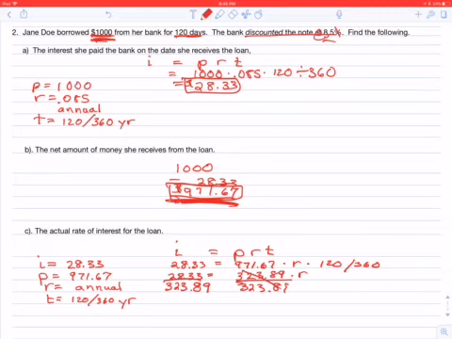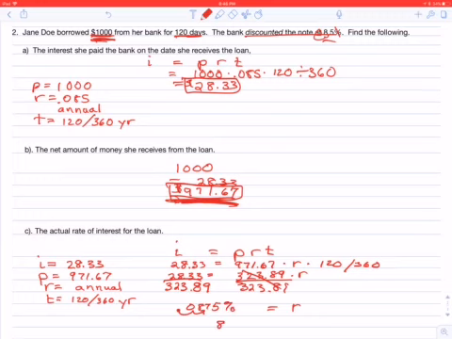And I want to round R to 4 decimal places. So when I convert it to a percent, I'll get it to the nearest hundredth of a percent. So to convert this decimal to a percent, I'll multiply by 100, or move the decimal point 2 places to the right, tack on a percent sign.